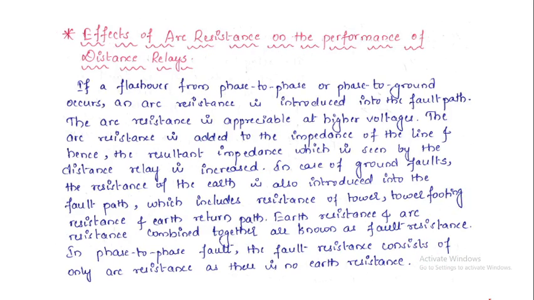Now next we'll move on to the effect of arc resistance on the performance of the distance relay. It is an important concept: how the arc resistance is going to hamper or affect the performance of distance relays. What is the meaning of arc resistance? If a flashover from phase to phase or phase to ground occurs, an arc resistance is introduced into the fault path.